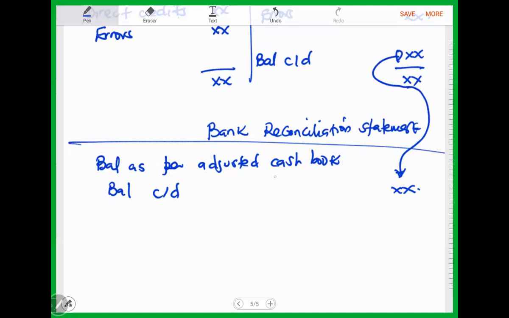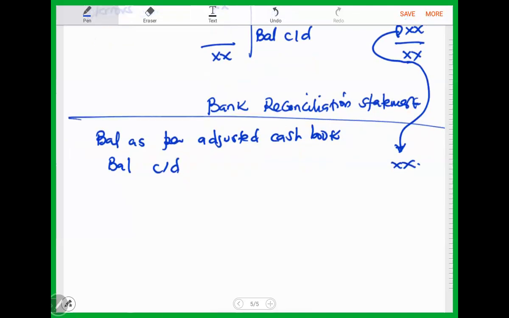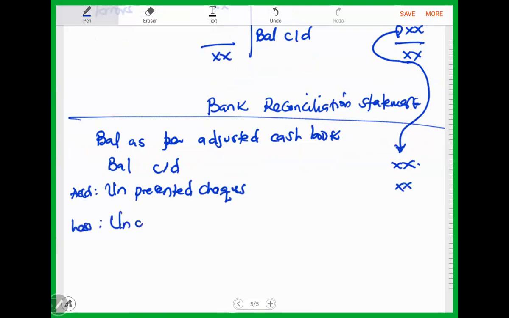Then on this, add unpresented checks, less uncredited. And then get balance.